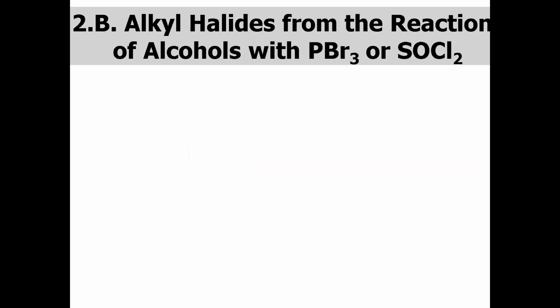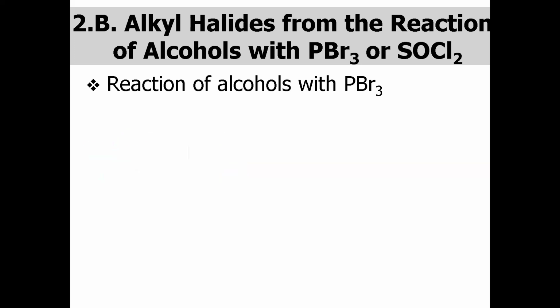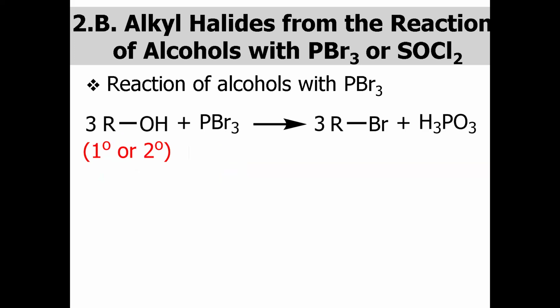Let's discuss some more reactions of alcohol with PBr3 or SOCl2, thionyl chloride. The first is the reaction of alcohol with phosphorus tribromide. If the alcohol is primary or secondary, this reaction is very good.